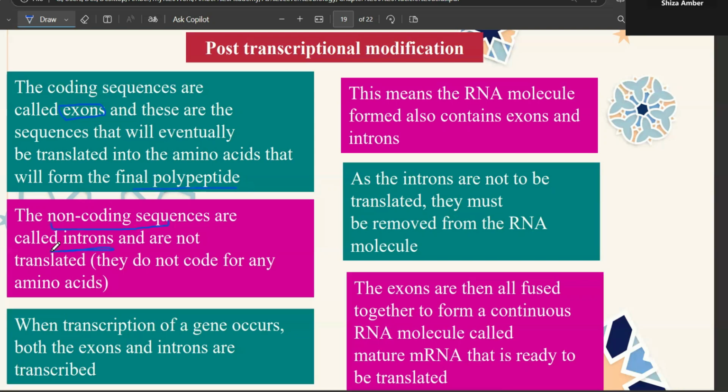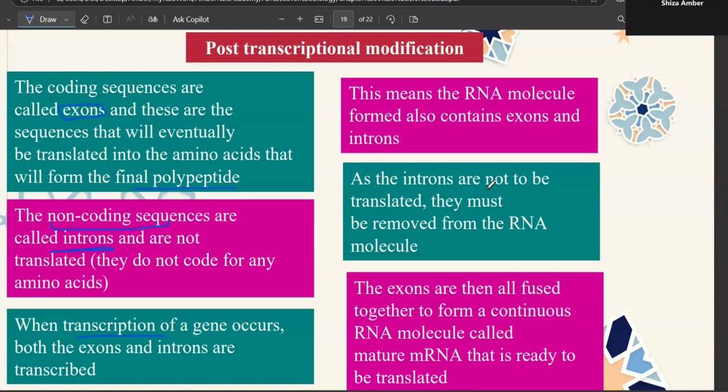Okay, the coding ones are exons, the non-coding ones are introns, and introns do not code for any of the amino acids. When transcription of a gene occurs, both the exons and introns are transcribed. So initially, it's not clear which of them is an exon, which of them is going to code, which of them is not going to code. So all of them are eventually transcribed, and it means that the RNA molecule formed also contains exons and introns. Yani when your mRNA is being made, it contains both exons and introns.